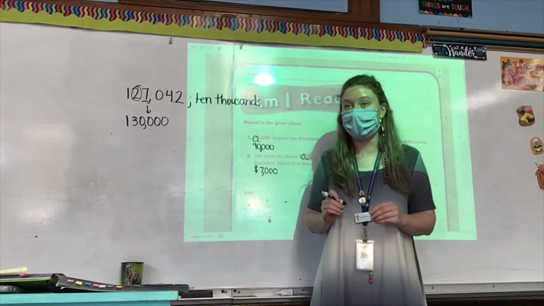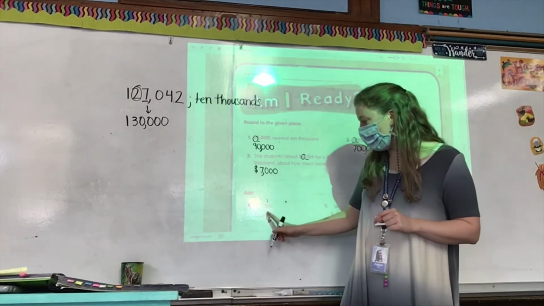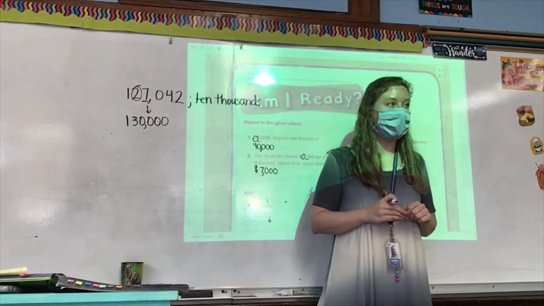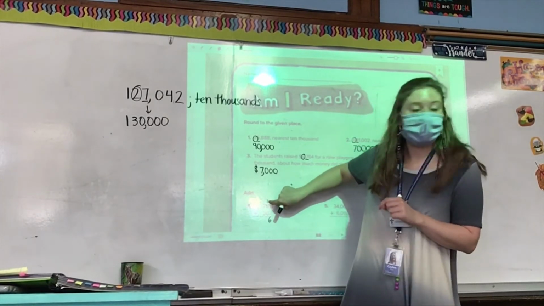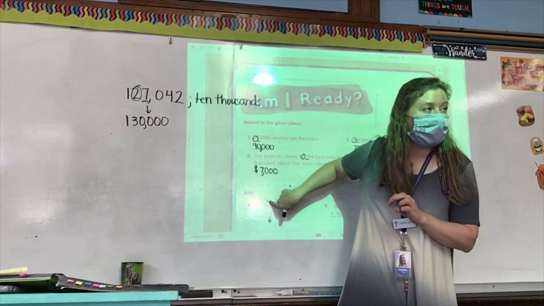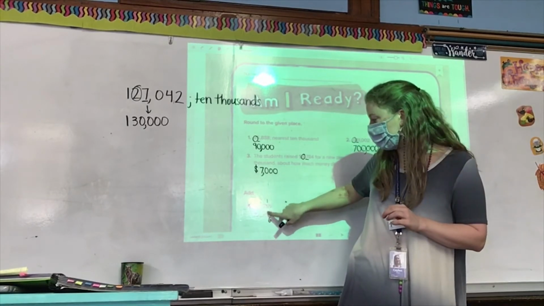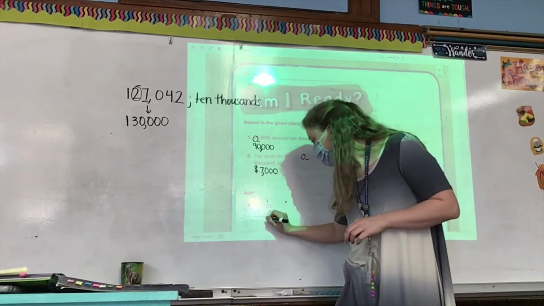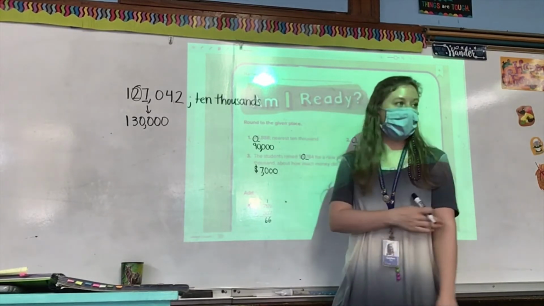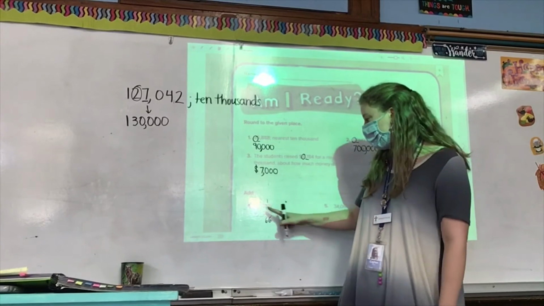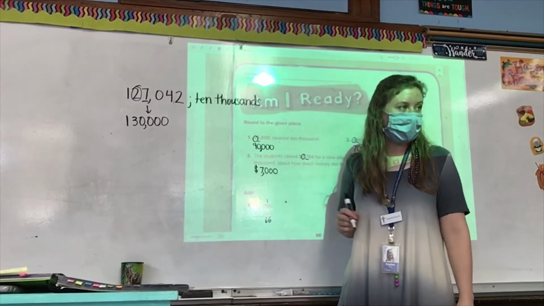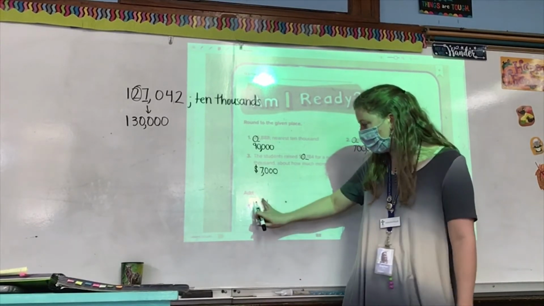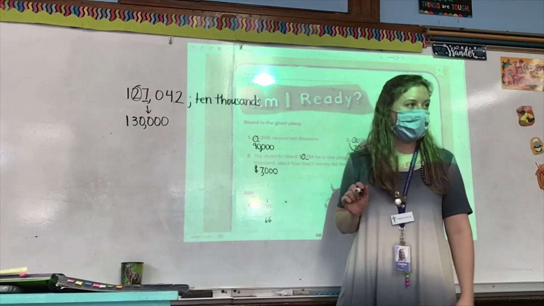So again, Michaela, adding the 10s, 5 plus 0 is, what do we have to do with this regroup number? Add it. So 5 plus 0 is 5, plus 1 is 6. Step 3, add the hundreds. 7 plus 3 is 10. We can't put 10 in the hundreds place, but do we have a thousands place to regroup to?